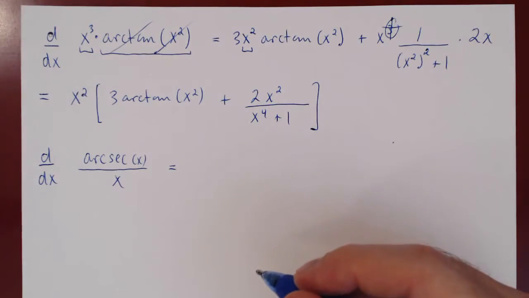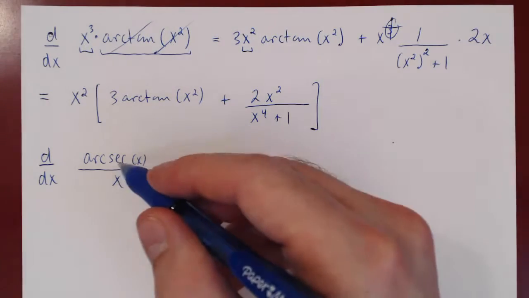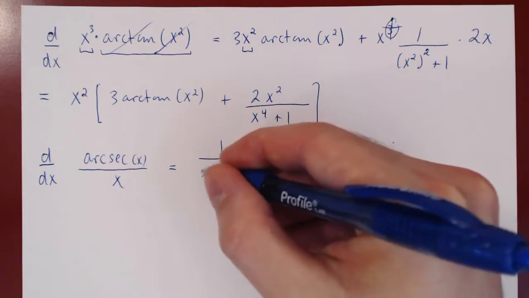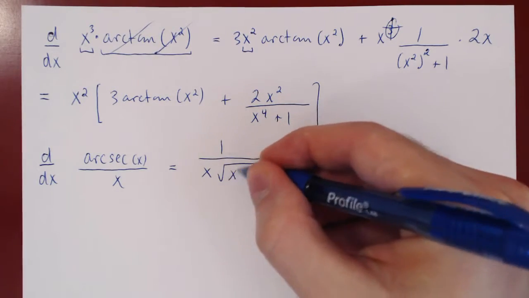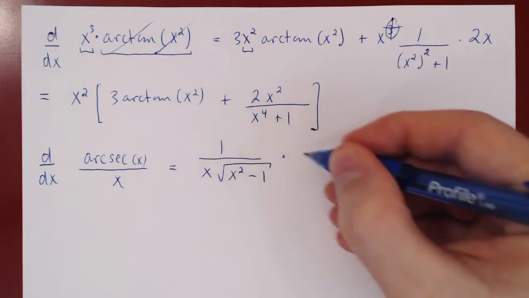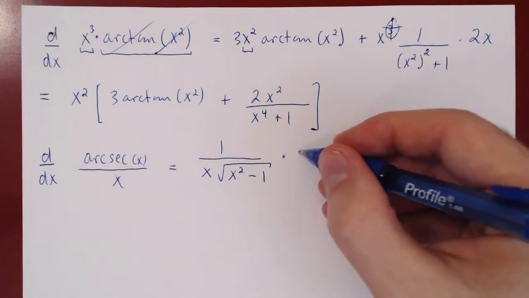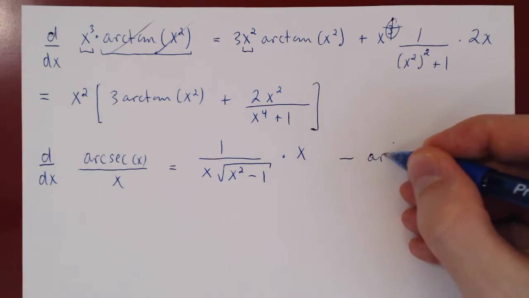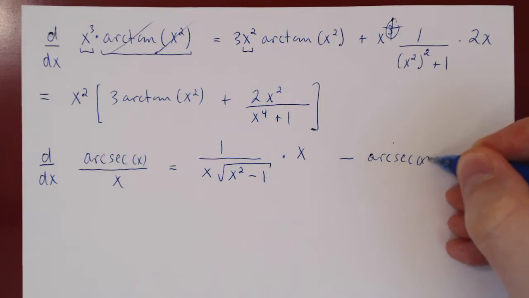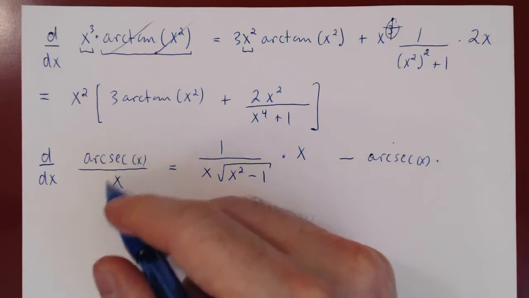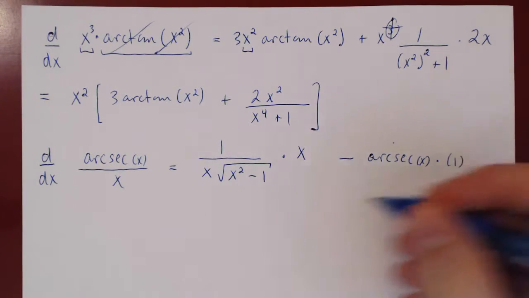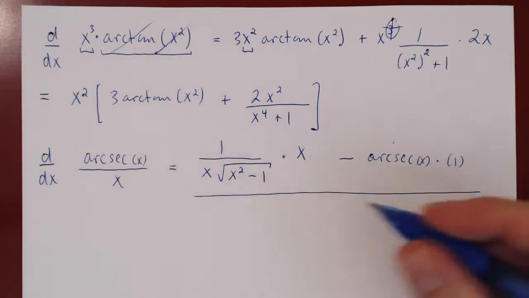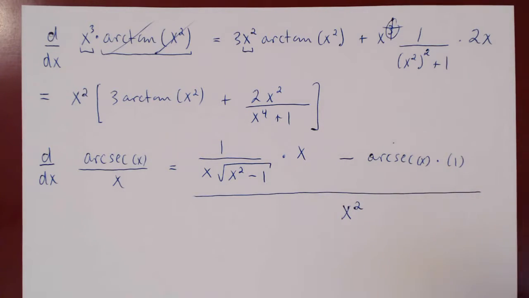We have a quotient, so we use the quotient rule, which has the derivative of the first function, which is 1 over x root of x squared minus 1, times the second function, x, minus the first function, arcsecant of x, times the derivative of the second function, which is simply 1, all over the denominator all squared, x squared.